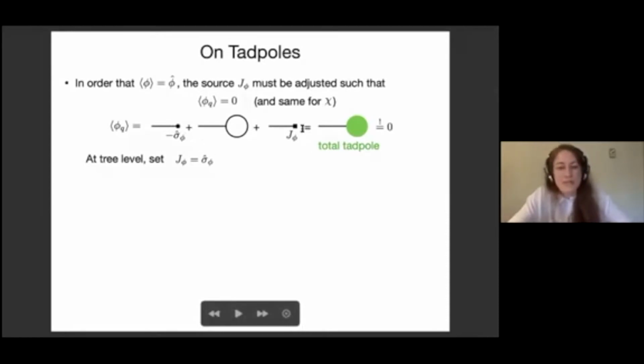I have the j phi contribution; remember, I still had the j phi quantum hanging around. And then I have a one loop contribution from the cubic terms in the shifted Lagrangian. I need to set this whole thing equal to 0. So at tree level, of course, this is what we usually do: we can just set the source equal to this linear term in the shifted Lagrangian, and I'm done.